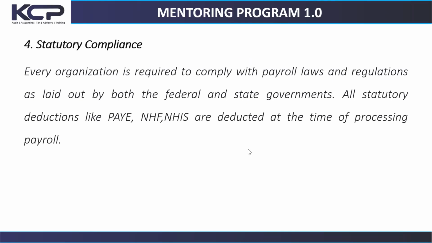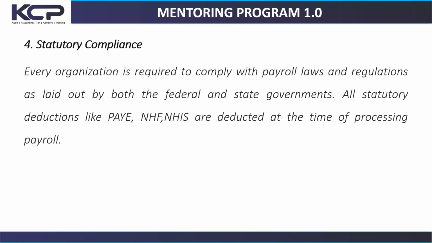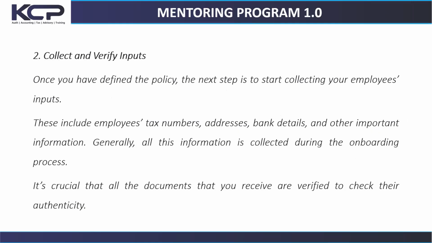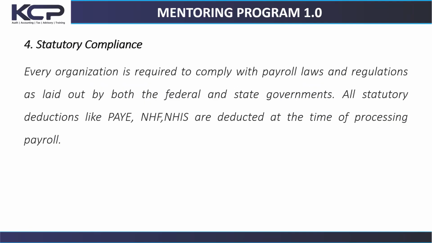So these are some of the various relevant things you need to know about the process of the payroll. Then the next one is recording into the accounting system. So before this stage, you have vetted the policy, you have collected and verified the inputs, you have calculated your payroll, you have also taken cognizance of the statutory deductions.